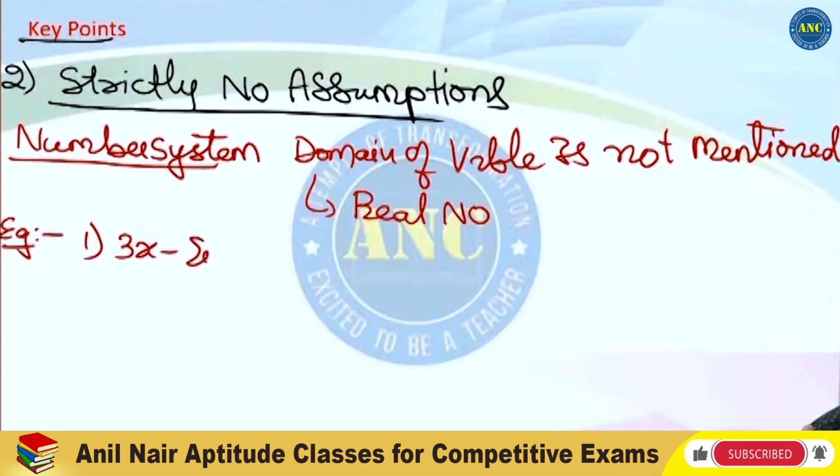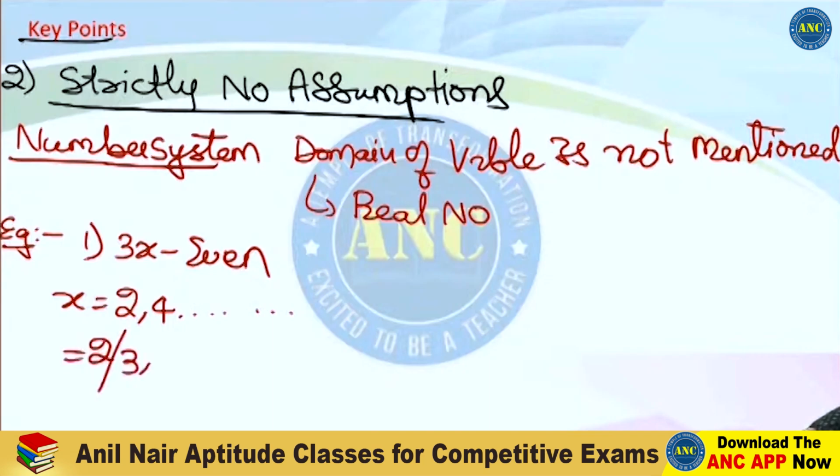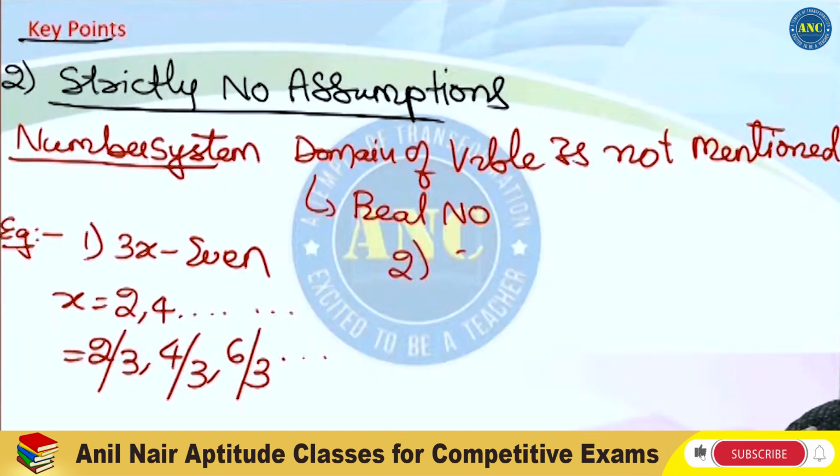3x is an even number. If the domain of variables is not mentioned, x is a real number. x will not only take even natural numbers, x can also take fractions: 2 by 3, 4 by 3, 6 by 3 and so on. Similarly, I also took one more example: 5n by 18 is an integer.